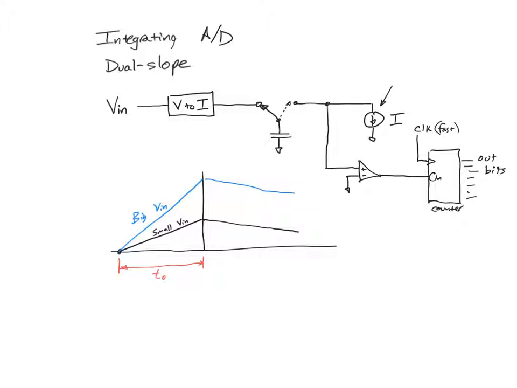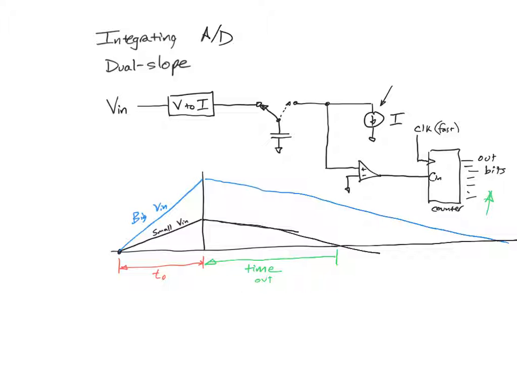Okay. All right. So the point is that these output bits are timing how long it takes the voltage to get to 0 volts, which for this one will be way out here, and for the black one will be a shorter time. Right. So those are the same slope, and when those cross, this time right here, the out time, tells me how many bits I will have counted up to.